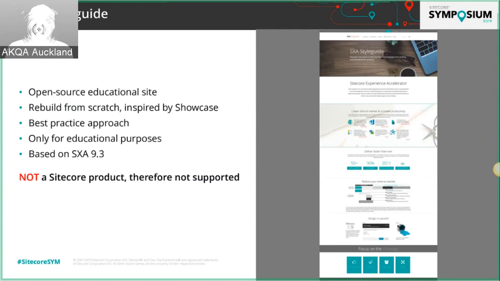They are building it on pure SXA 9.3, not a product, but we can see, if I'm learning SXA now, it would be easy for me to understand how the whole components are built, or what the best practices are and all. For that, they are building the site. Again, as they have mentioned, it's not a product, just for educational purposes.